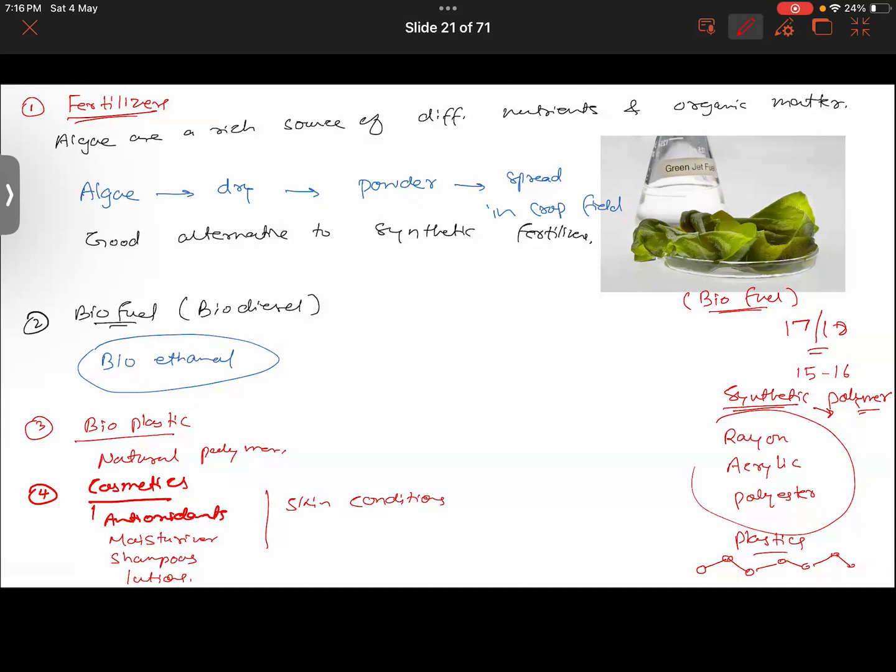Okay, now let's understand how algae are used as food. As we know, algae contain different kinds of nutrients, and algae are a rich source of protein. They contain a very good amount of protein, and those proteins are easily digestible by the human body.